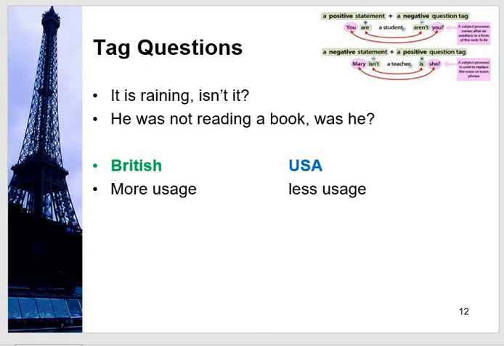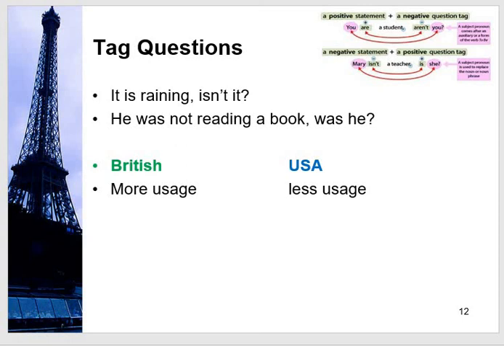Tag questions are also part of the language when we want to seek confirmation from others, whether our conversation partner is agreeing with us or disagreeing with us. Look at the examples. It is raining, isn't it?